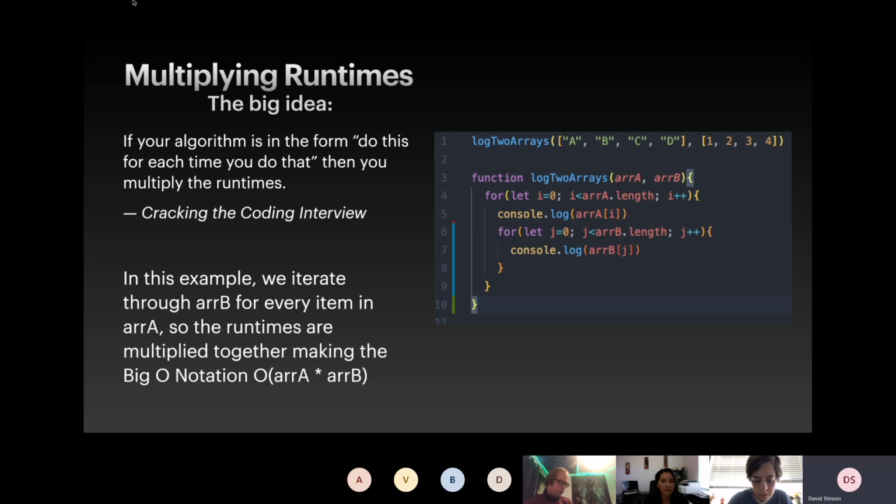This is still technically a quadratic algorithm, but it has to be written differently because we can't simplify it the same way that we simplify an n squared algorithm. There's no way to say array A squared or array B squared because they're both discrete values.